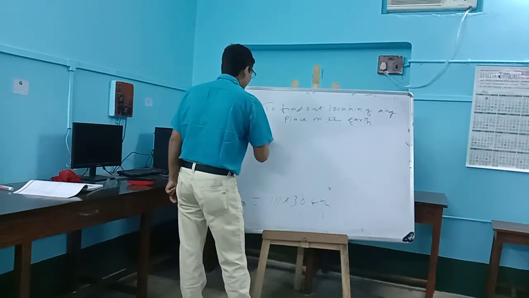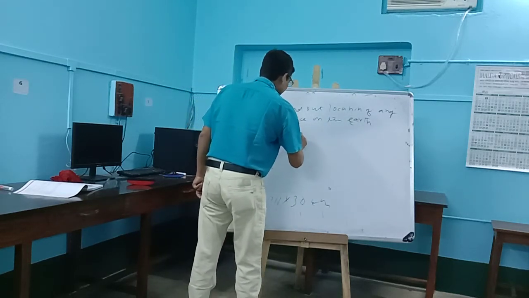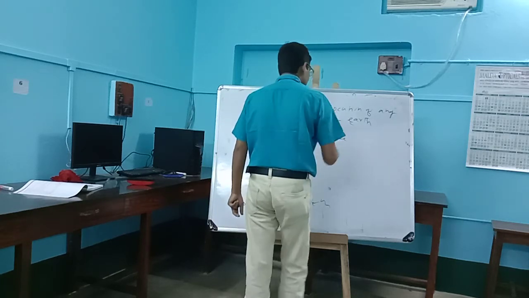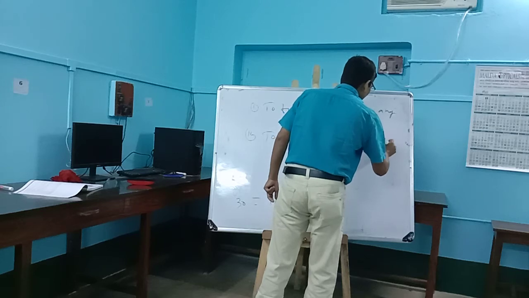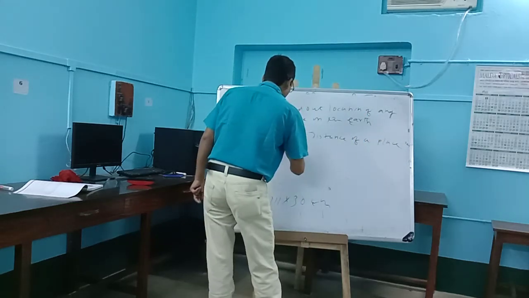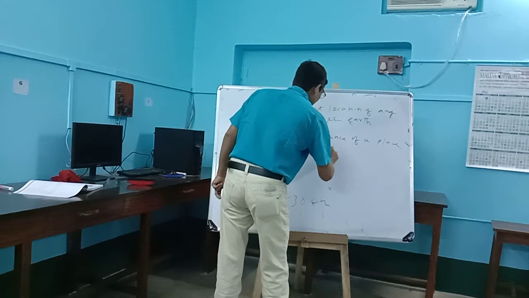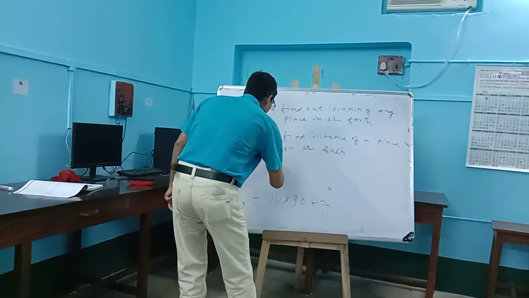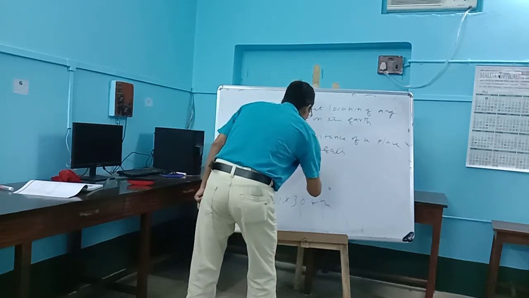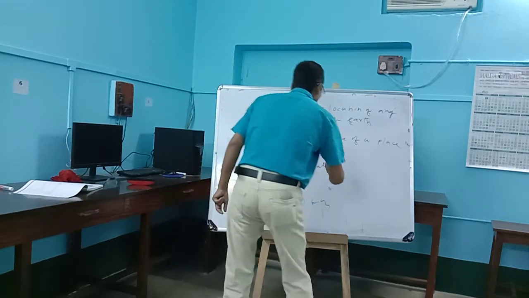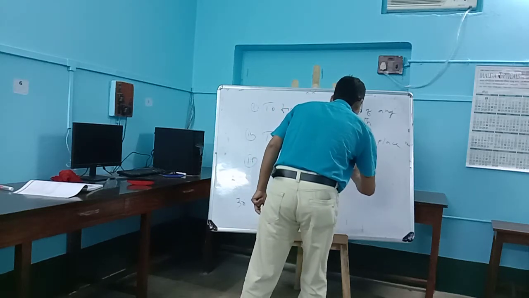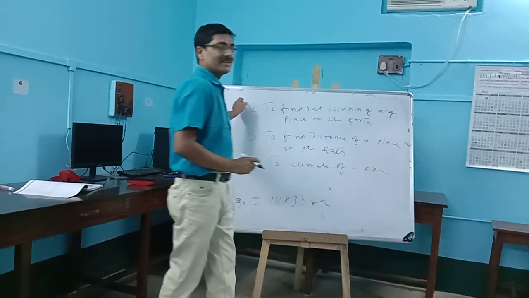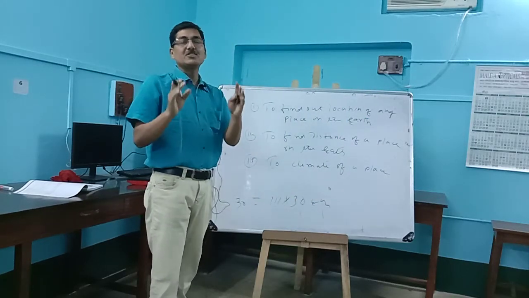Second, to find out the distance of a place on the earth. Third, it also helps us to know the climate of a place on the earth. So these are the 3 uses of the lines of latitude.